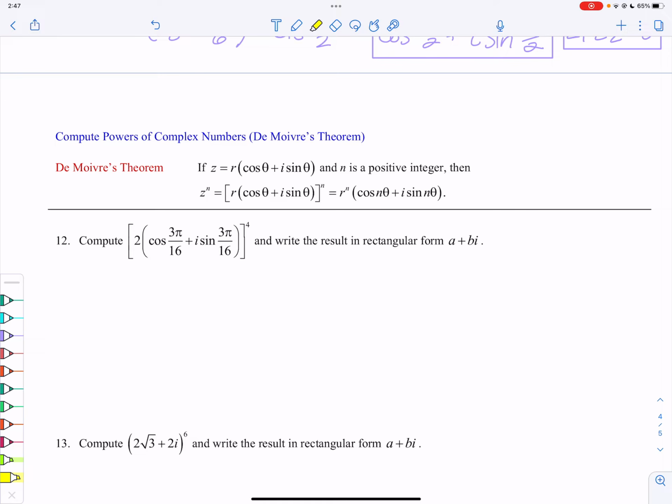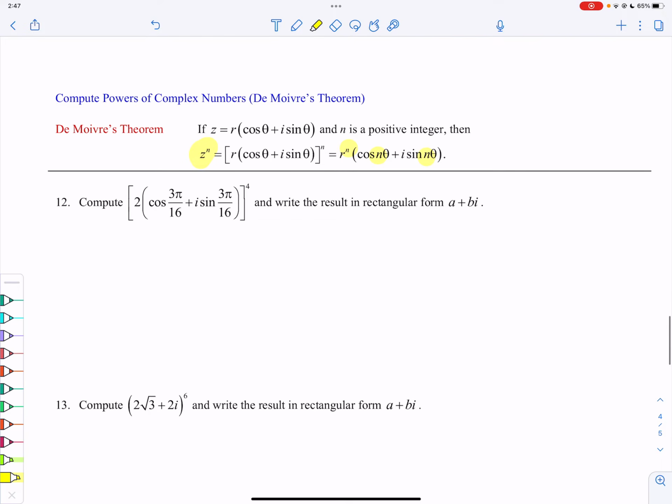So we will raise R to the nth power and then use that value of n in front of theta. Okay, so let's use DeMoivre's theorem to compute this power of complex numbers in this example. So we have this complex number raised to the 4th power.